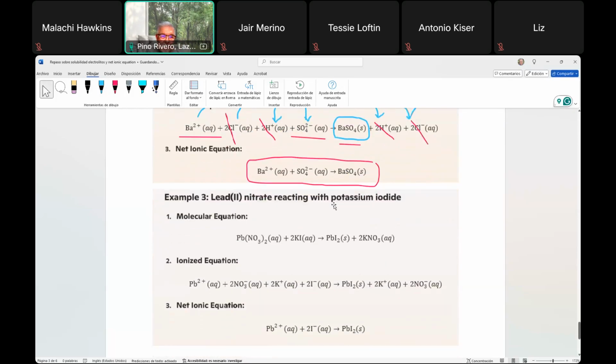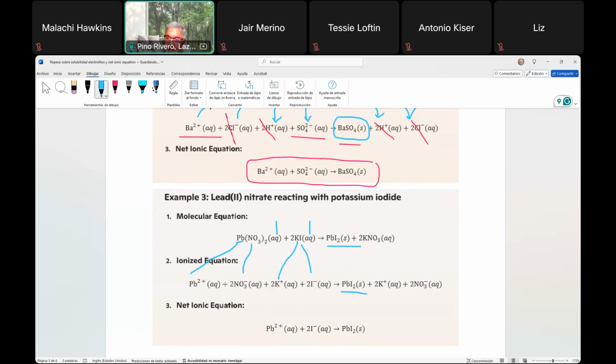Look at this. Here we have this solution that is made of lead 2 nitrate, soluble. Potassium iodide, soluble. Then I divide lead 2 into nitrate, into potassium, into iodide. But what happened here is a solid, remains solid.